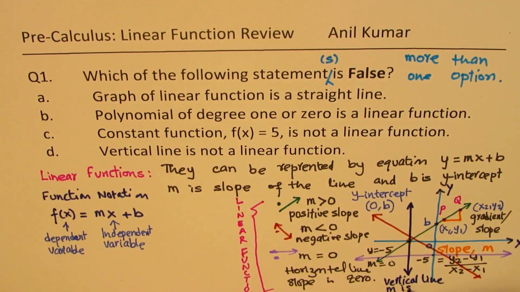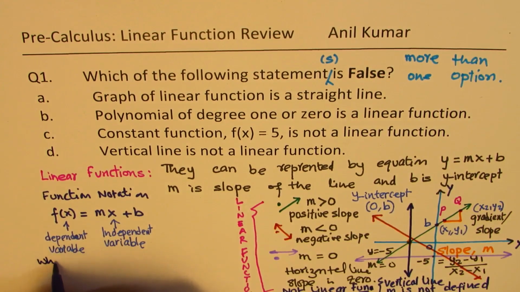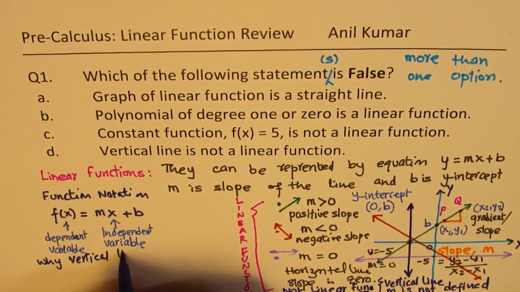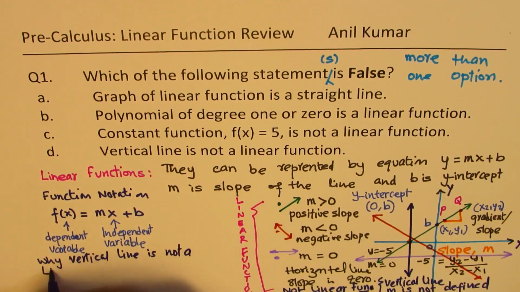Here m is not defined, correct? So this vertical line is not a linear function. Now, the question here is why a vertical line is not a linear function.